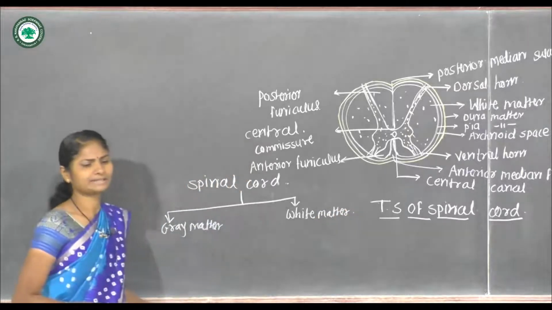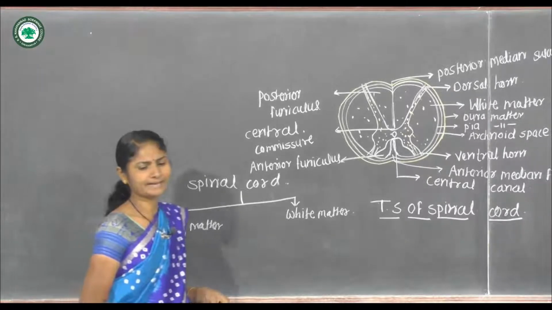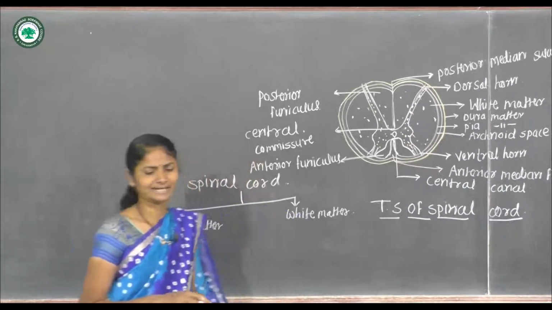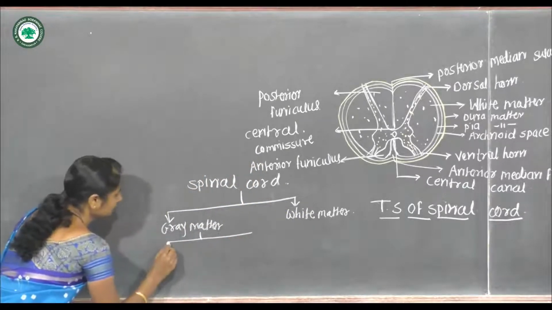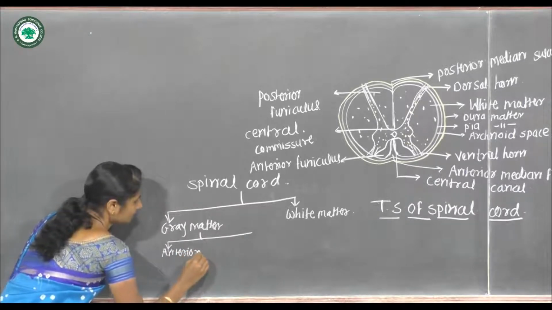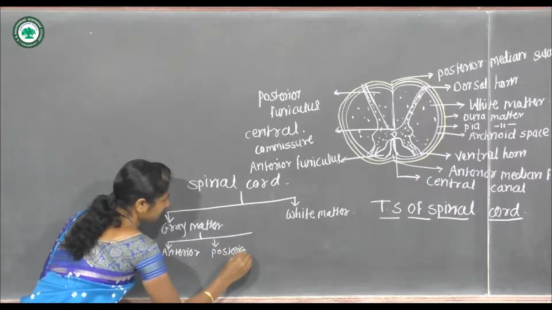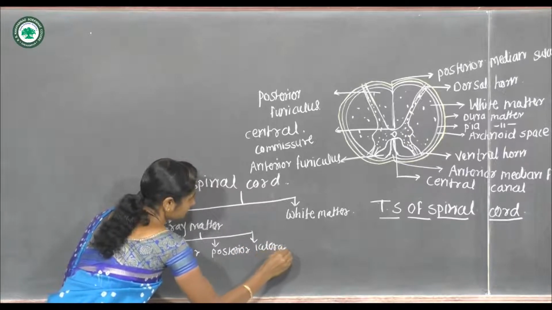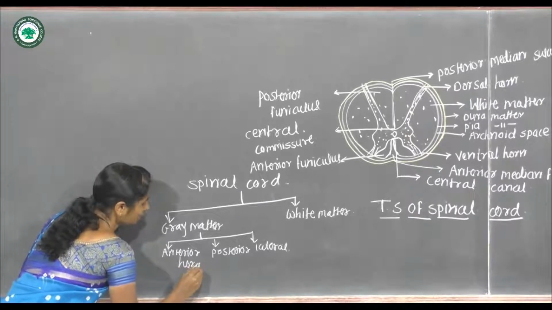Let us start with gray matter. Gray matter is divided into three parts: anterior, posterior, and lateral horns.